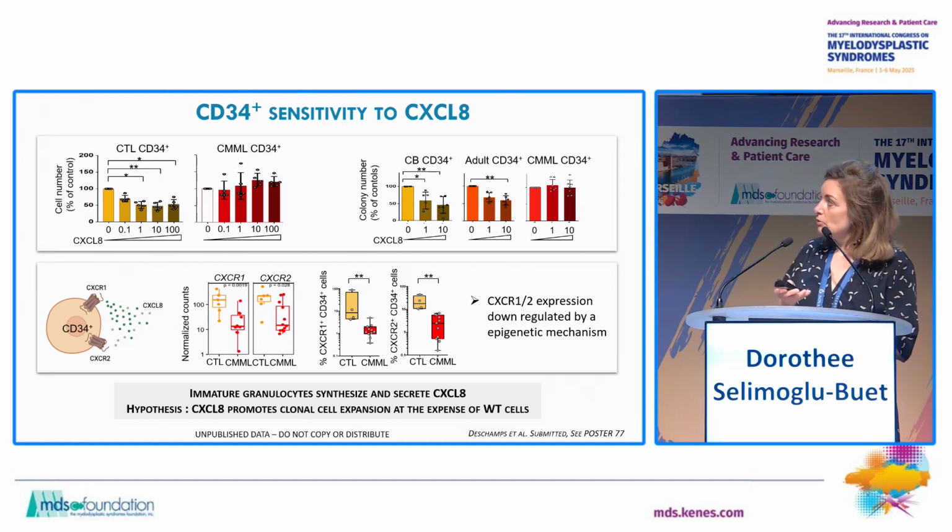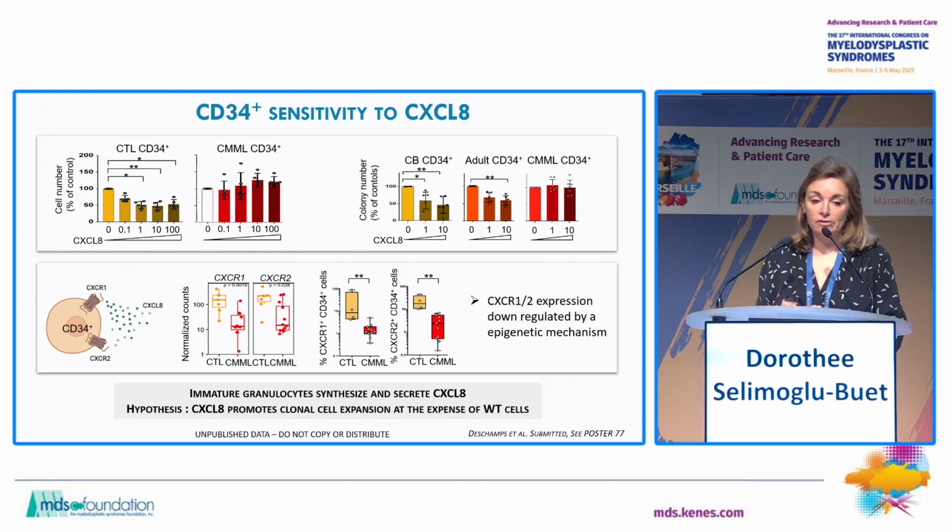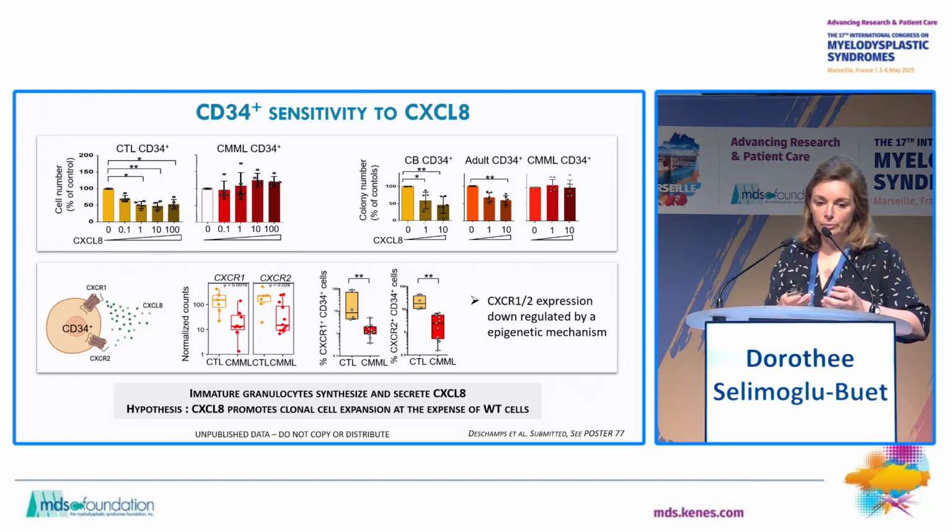So to conclude on this part, we observe an accumulation of immature granulocytes in the blood of 50% of the CMML patients that secrete a high level of CXCL8. And our hypothesis is that CXCL8 in a large concentration in plasma could promote the clonal cell expansion, the mutated cell expansion, at the detriment of the wild-type cells due to a difference of sensitivity.